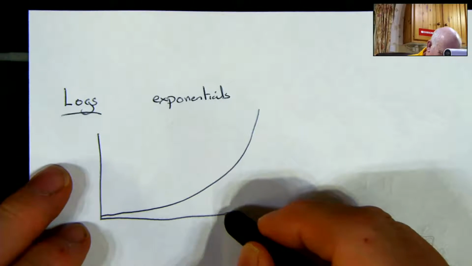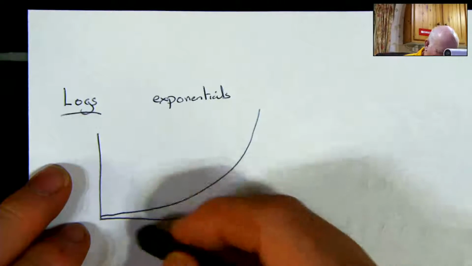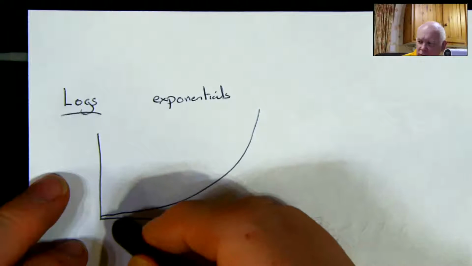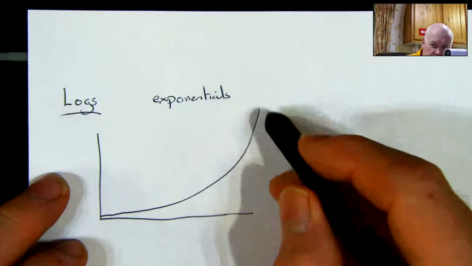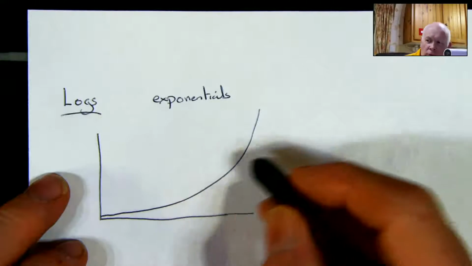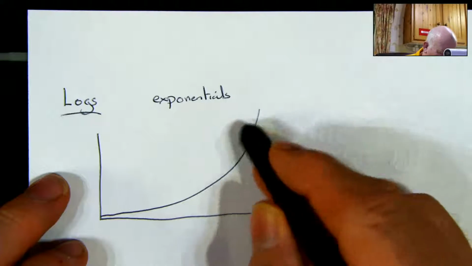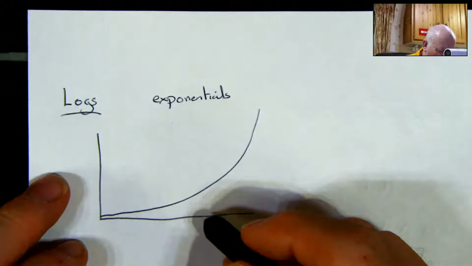And very quickly, these graphs become rather sort of stupid because we lose what's going on down here as these numbers become very big. And logs are something we can actually do to explain and show how exponentials work.